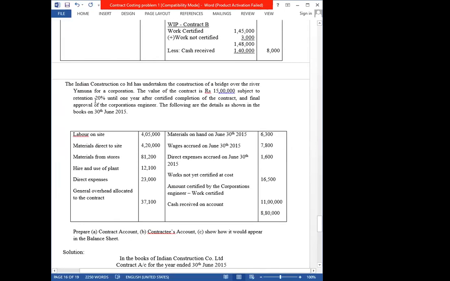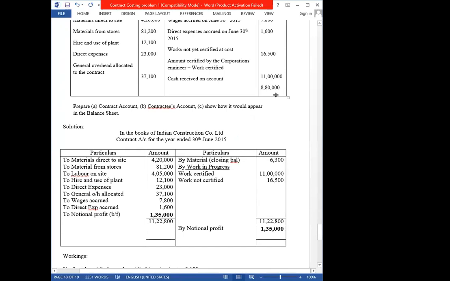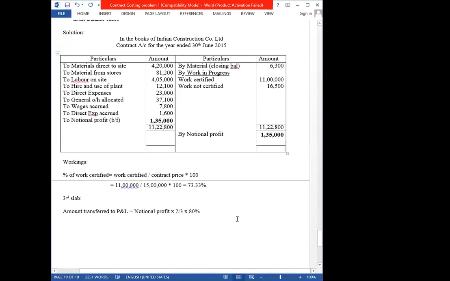In this problem, the percentage of cash ratio we can calculate. I told you retention is 20%, which means the remaining is called cash ratio. So you can use the cash ratio 80%. Again I am repeating, instead of 80%, you can use the other method also. That is cash received divided by work certified. Both are the same only. So here I can use either cash ratio or the other formula.